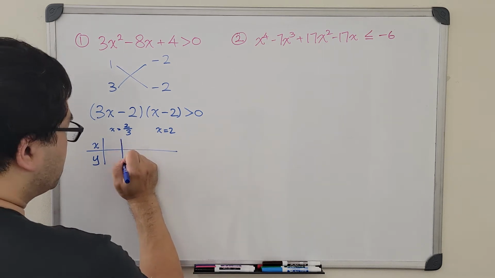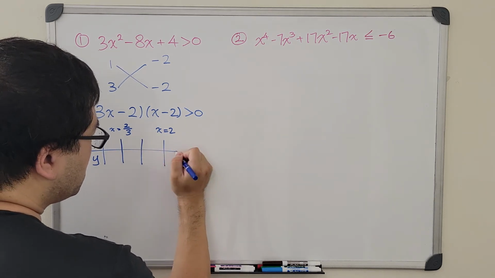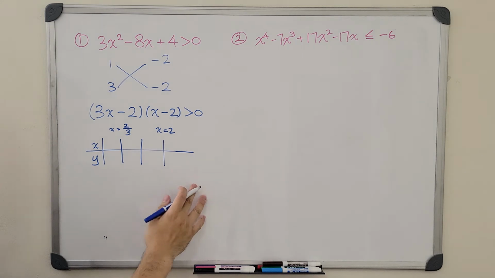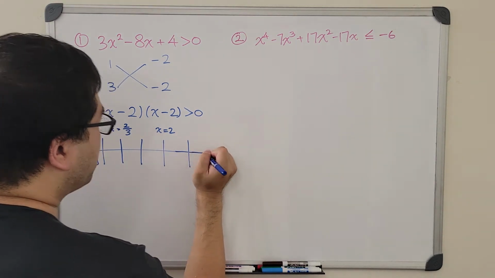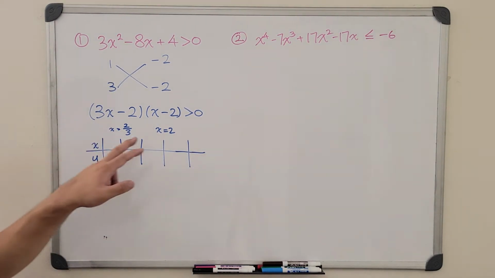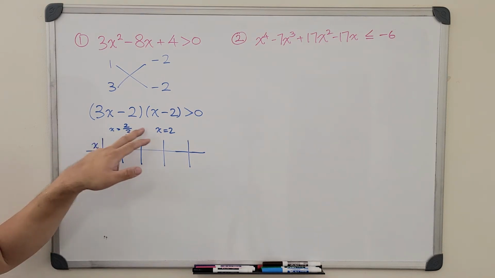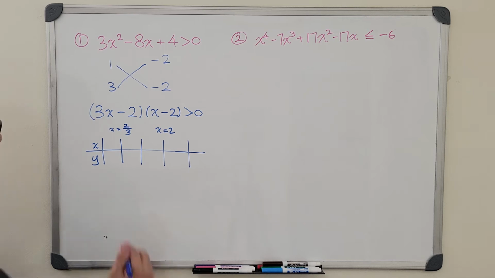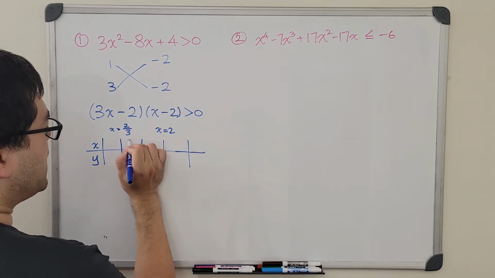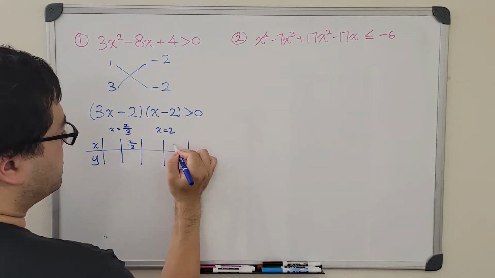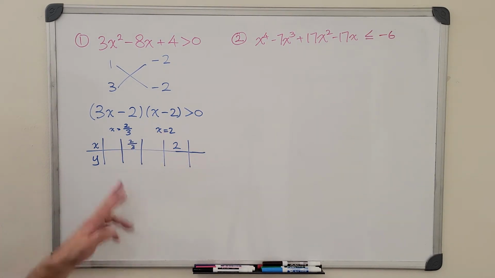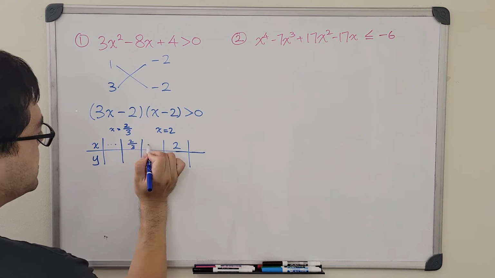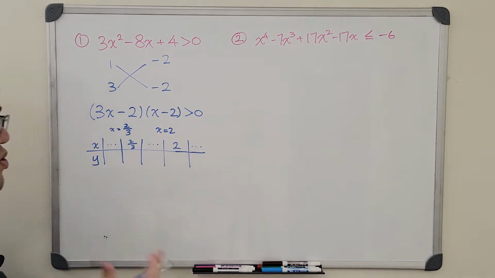But after that, for the table that we have, we're going to do the following. Since we technically got solutions 2/3 and 2, we're going to make a table and then write down the two solutions. And also for everything else, we'll just put it as dots. So what does that mean?